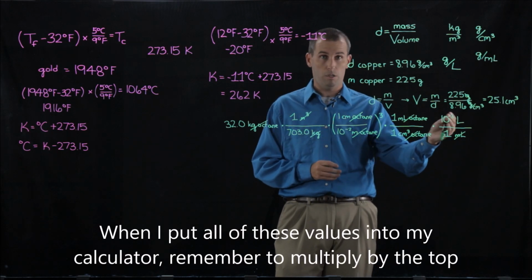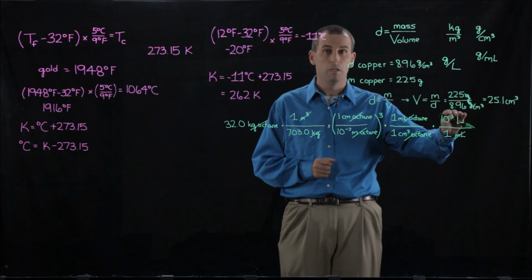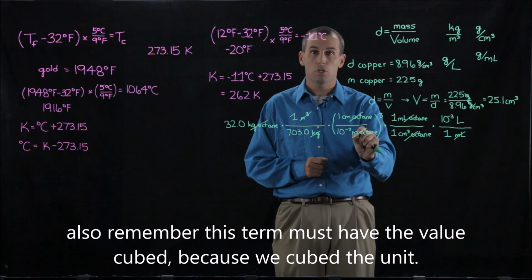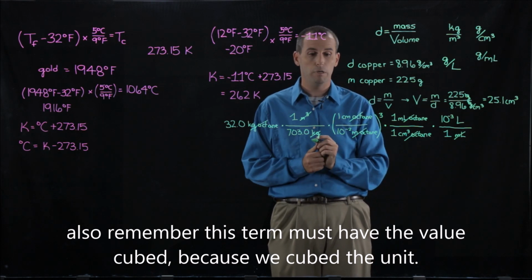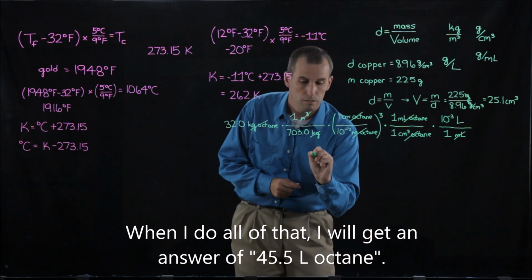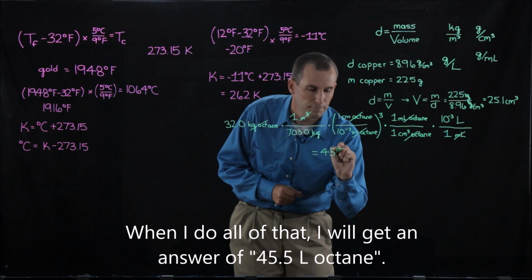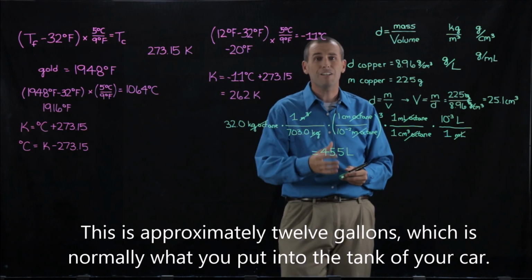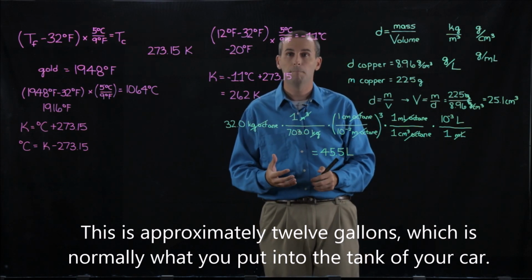When I put all of these values into my calculator, remember to multiply by the top and divide by the bottom. Remember, this term must have the value cubed because we cubed the unit. When I do all of that, I get an answer of 45.5 liters. This is approximately 12 gallons, which is normally what you put into the tank of your car.